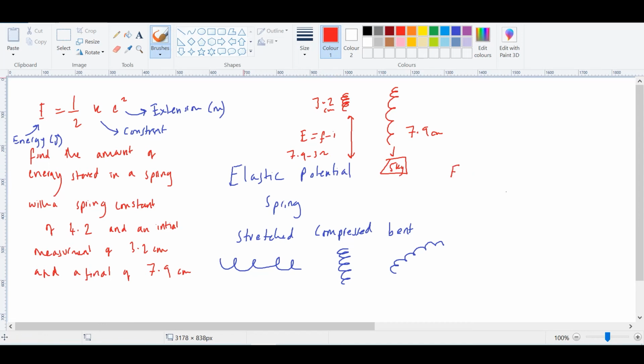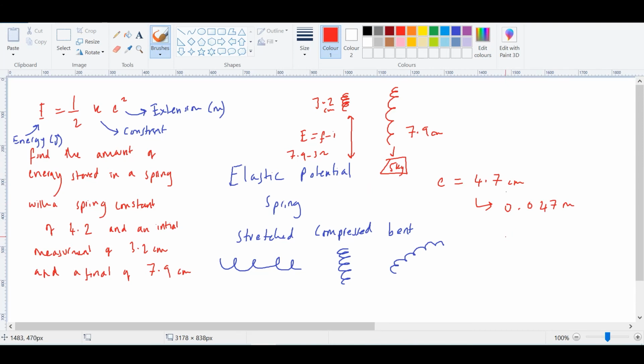I should write the extension as a lowercase x because we don't want to get confused with the energy. So x is 4.7 centimeters, but what is that in meters? Because that's what the formula requires. It would be 0.047 meters. Okay, so that's the extension.